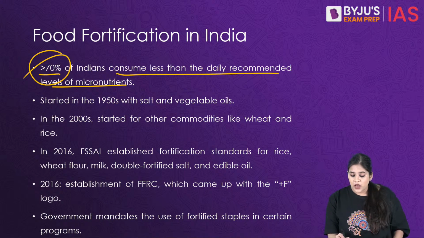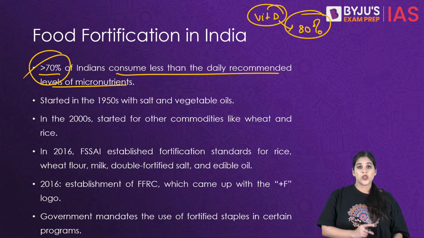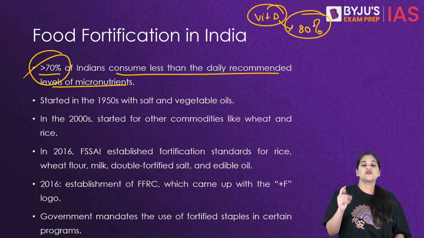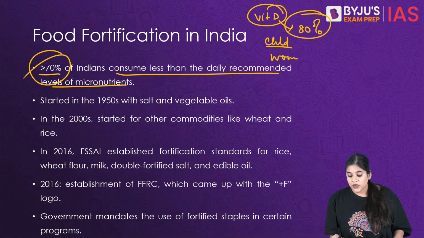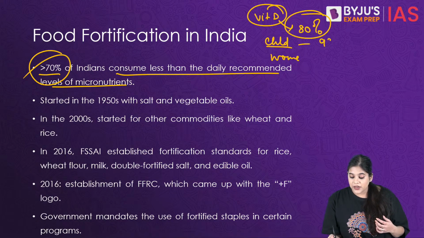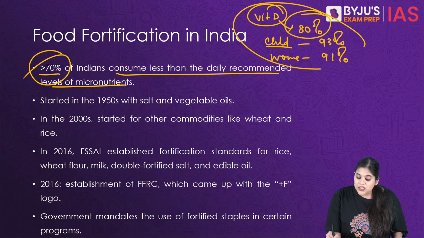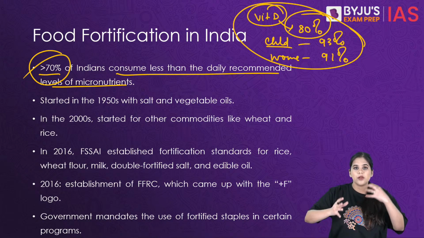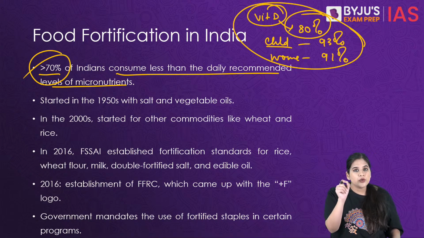For example, vitamin D deficiency is there in 80% of India's population. However, in vulnerable sections, this deficiency is 93% for children and 91% for women. So you can see that there is variation amongst the vulnerable and non-vulnerable sectors when it comes to micronutrient deficiencies.